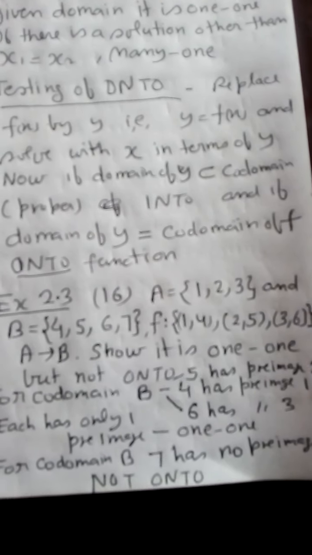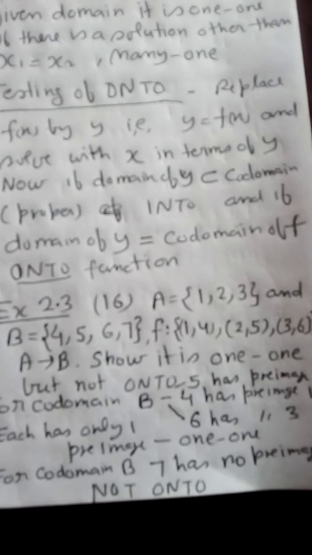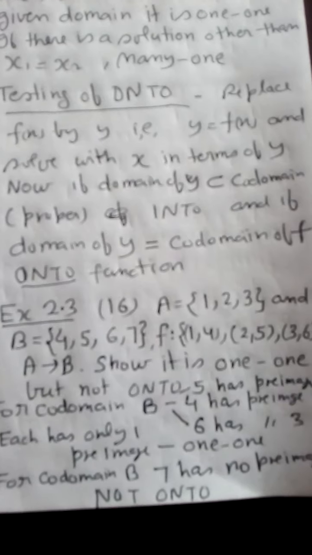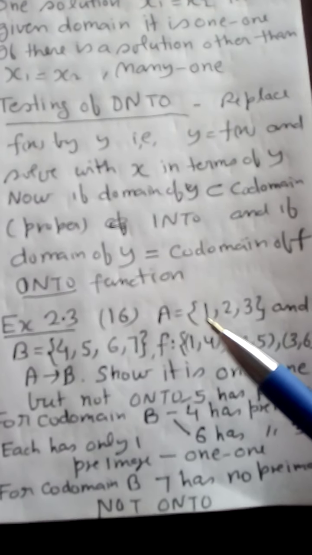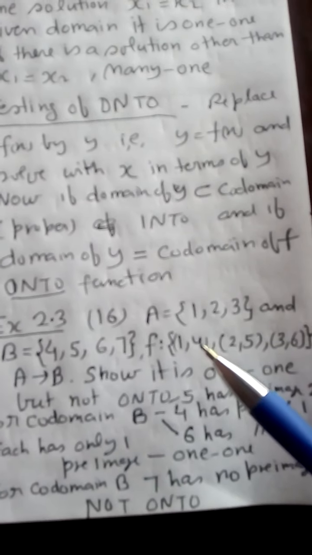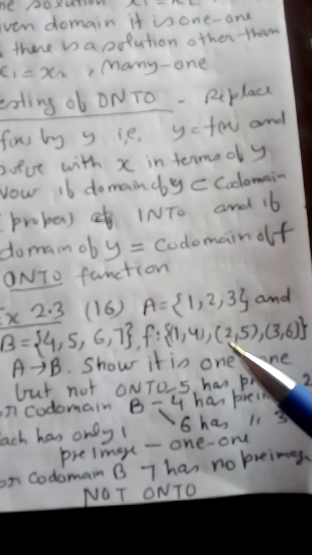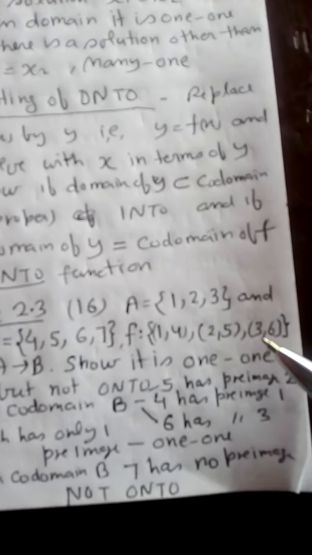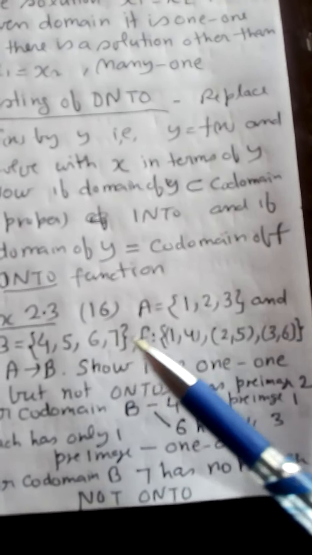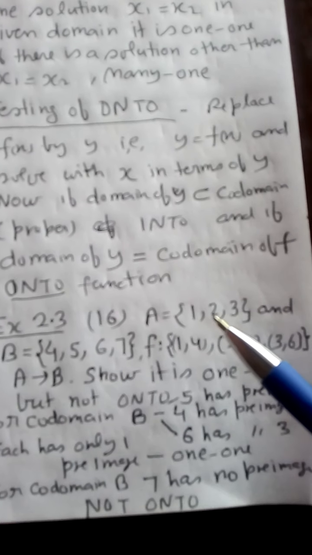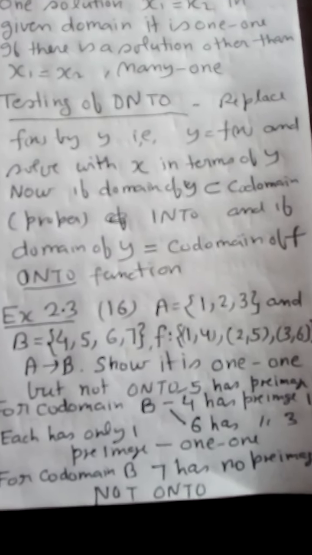We have to tell whether it is a function or not, whether it is one-one. 4 has image 1, 5 has image 2, and 6 has image 3. None of them has two or more, so this is one-one, right?